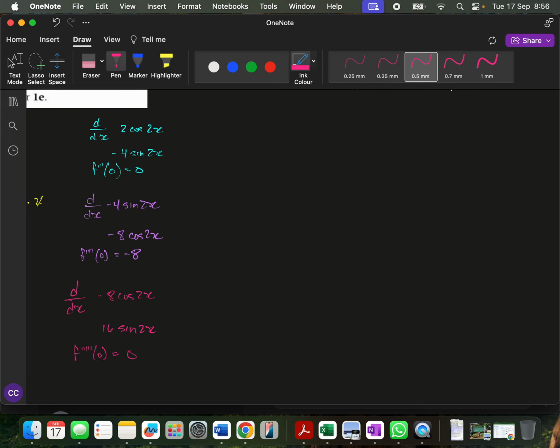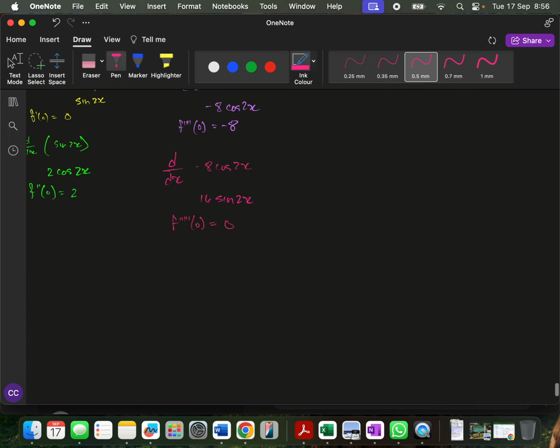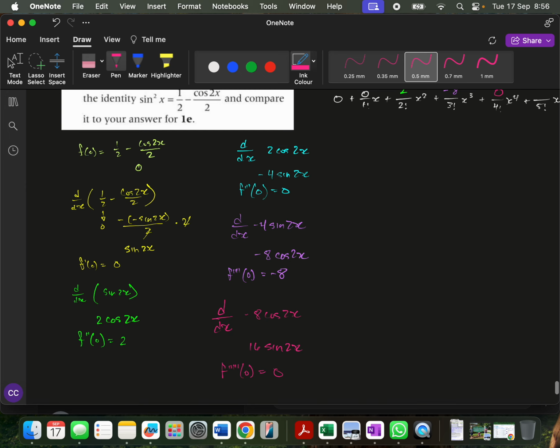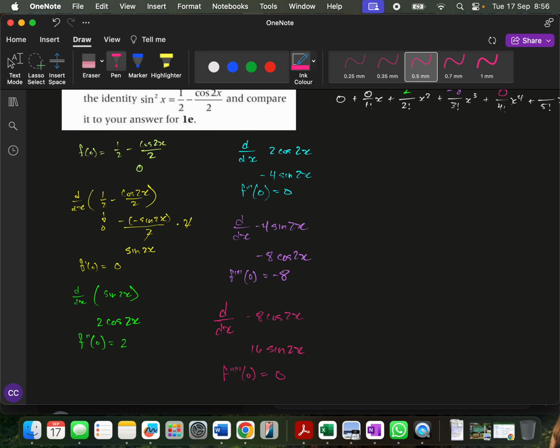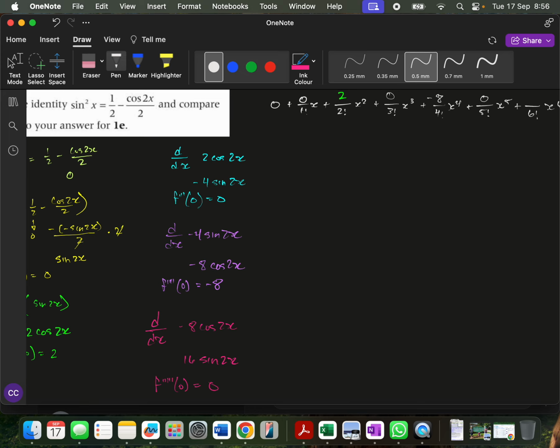Let me recount: first, second, third was 0. That's where my issue is; that's supposed to be a 0. So I've got 0, I've got negative 8 here, and the fifth was 0 again.